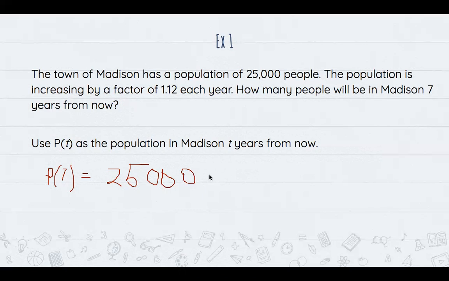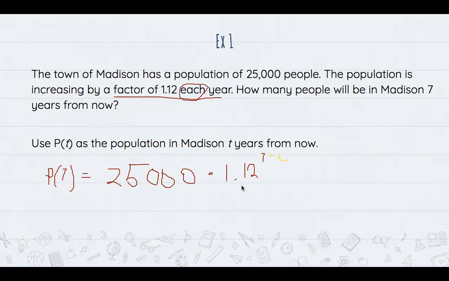And then you have to multiply it by 1.12, but you have to put t because it's asking for the different years. So our t will equal 7 in this case. So I'll just write 7 for now, but I'll write t next to it. So we're multiplying it by 1.12 because it says here it's increasing by a factor of 1.12 each year.